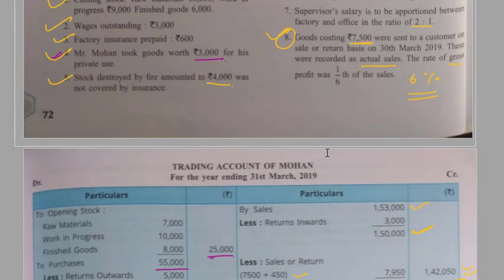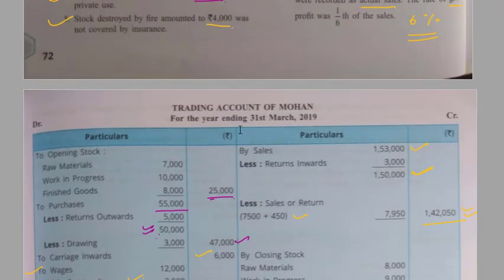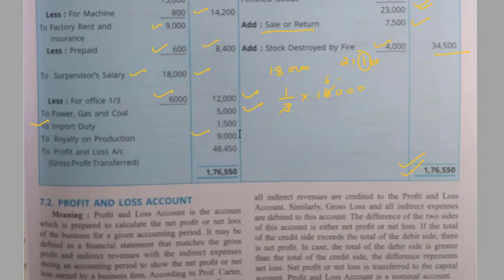So the next item is import duty, that is 1,500. Royalty on production is 9,000. Now we total on this side also. Obviously this side will be less than the 176,550. You make a total and then find the difference.